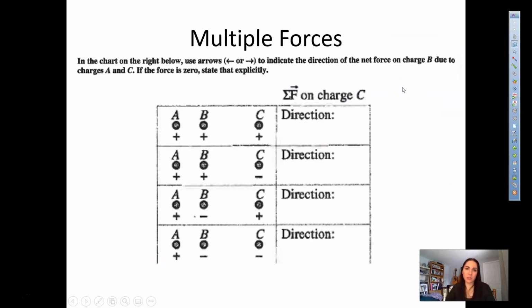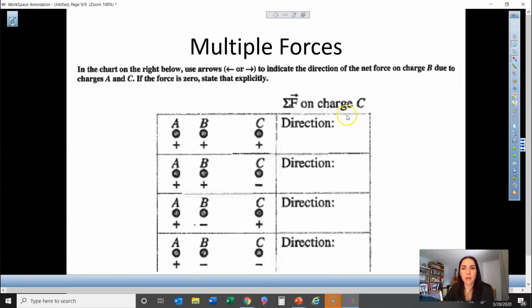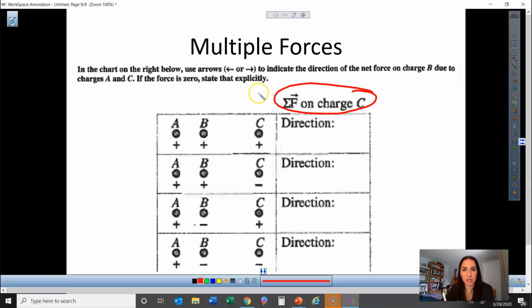Some more predictions. So imagine you have charges like this, right? Now it's asking us to predict the force on charge C. So we have to pay attention because it wants it on this. So when I predict the force, I use 2 colors. So let's use A as blue and B as green. So let's go ahead.